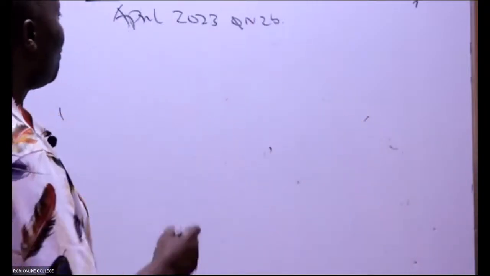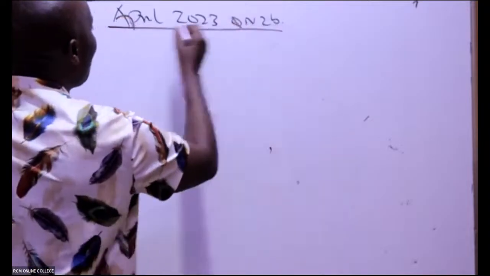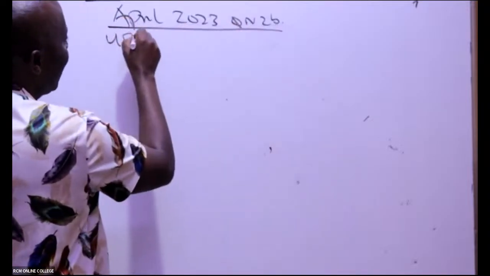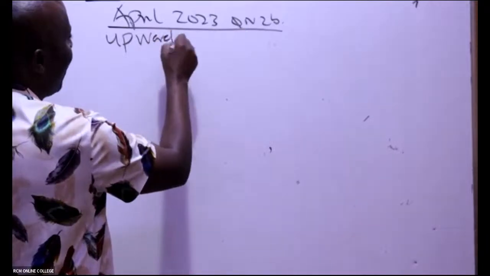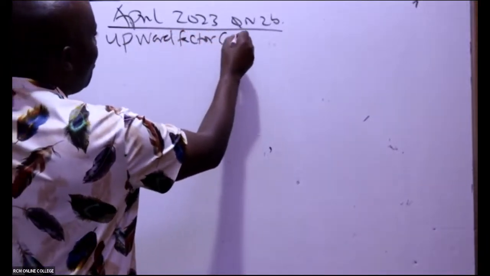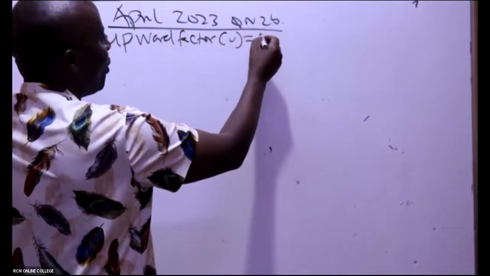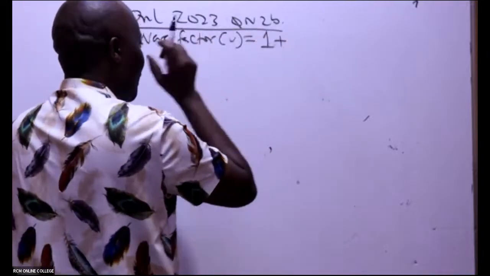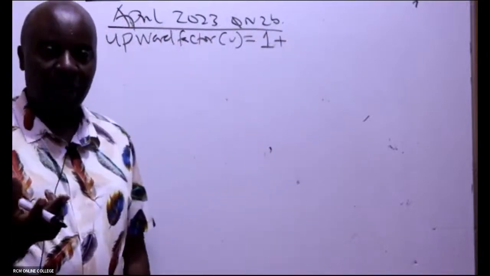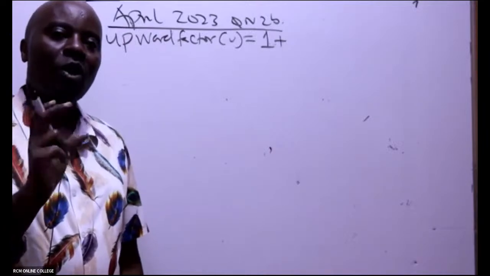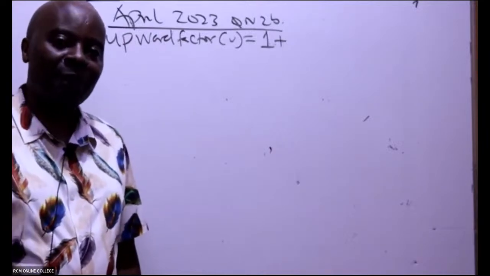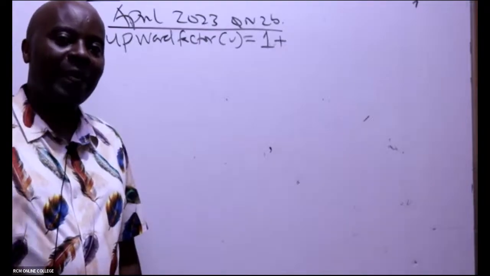First of all, we calculate the upward factor, the U. In this case they have told us that there are two possibilities: the price could either go up by 20% or go down by 17%.